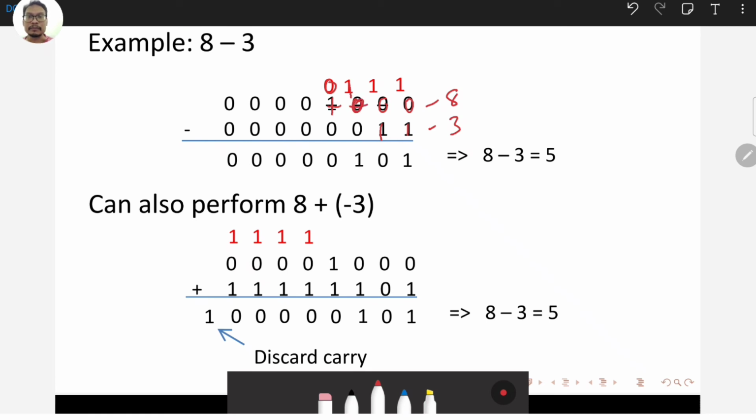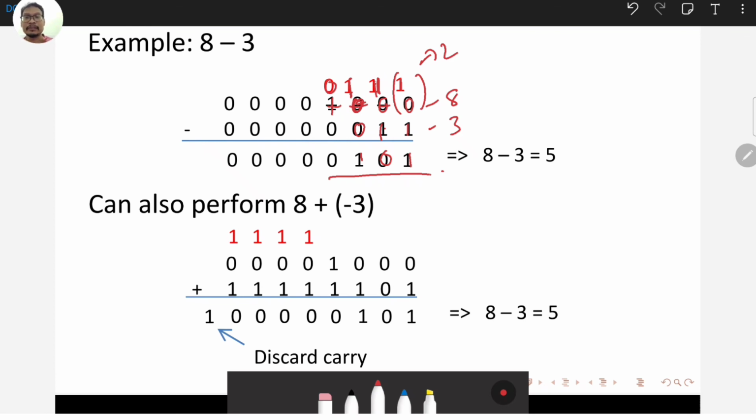We remove this, and now this becomes 1, this becomes 2, this becomes 1. And here is 2 minus 1, so 2 minus 1 is 1. 1 minus 1 is 0. Remember, now this is 1, it's not 2 anymore because we transferred to the other side. And here 1 minus 0 is 1, 0 minus 0 is 0. Finally you get 101, which equals 5.